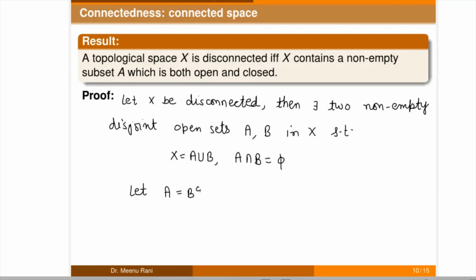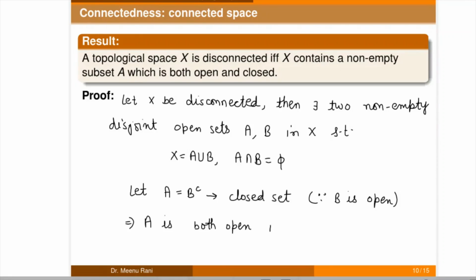Now B is open, so B complement is closed, because B is open, and we have already taken A is open set here, and A is equal to B complement, it is closed also. So A is both open and closed. And similarly we can say that if we take B equal to A complement, then B is also both open and closed.